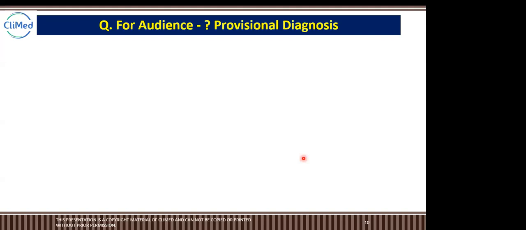So it may be CAD with unstable angina, acute coronary syndrome, like that. Congestive heart failure. That's correct. Acute congestive heart failure. Post CAD, congestive heart failure or acute heart failure.